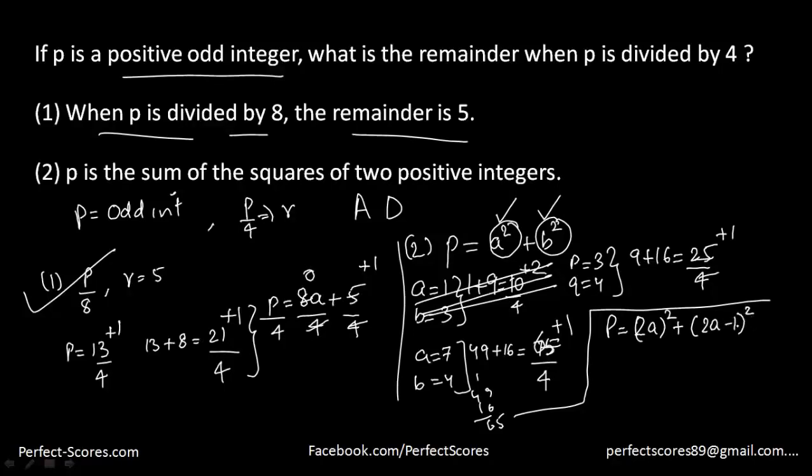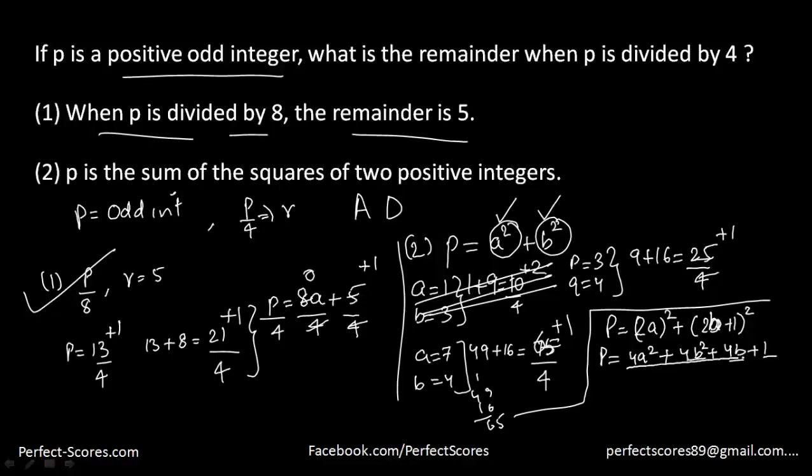An even number can be written as 2a and an odd number can be written as 2b plus 1. So p is going to be 4a squared plus 4b squared plus 4b plus 1, right? If I expand it, it's 4 times a squared plus b squared plus b, plus 1.